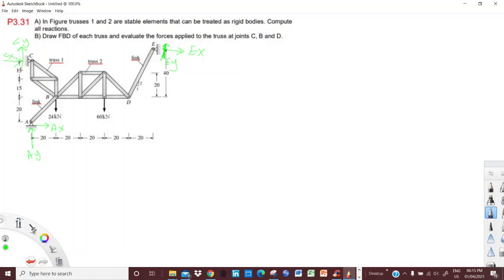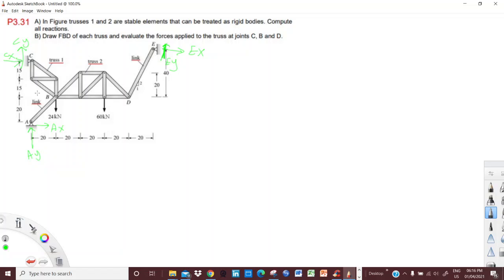And if you take the moment at C, you're going to be left with Ax and Ey and Ex. Ay is passing also through C. And if you take the moment at E, you're going to be left with the reaction of Cy and Cx and Ax and Ay.